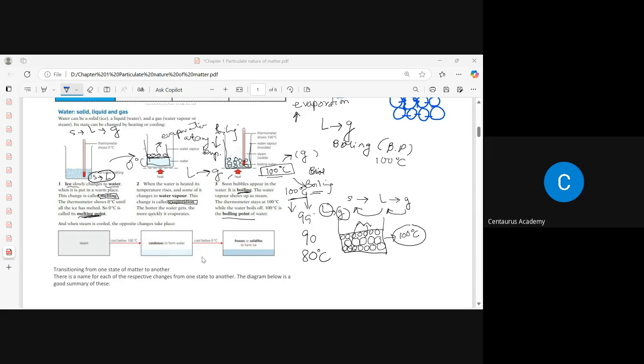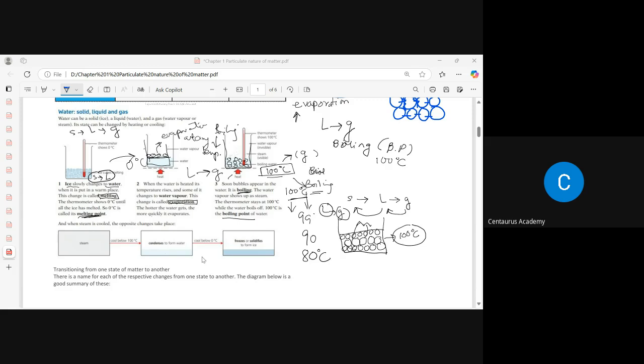After which, when you heat up the water, the temperature is eventually going to rise. When the temperature is rising, the water molecules are gaining heat energy and converting that heat energy into kinetic energy. When they're converting that heat energy into kinetic energy, they're basically trying to overcome their intermolecular forces of attraction.